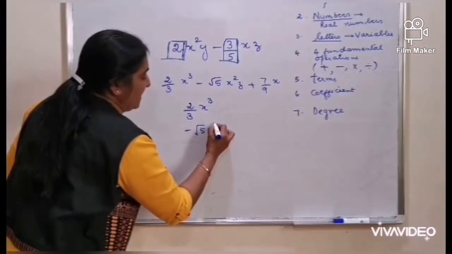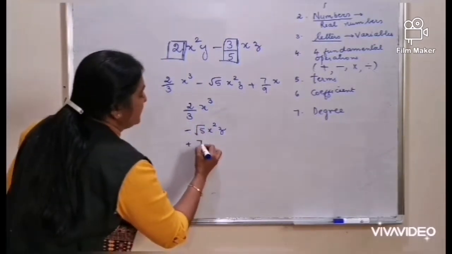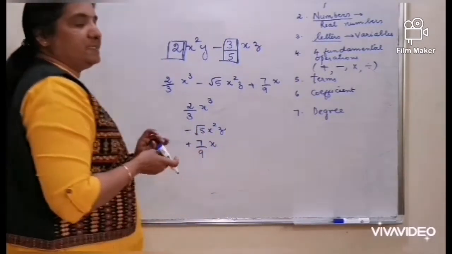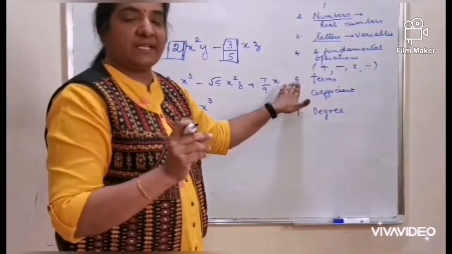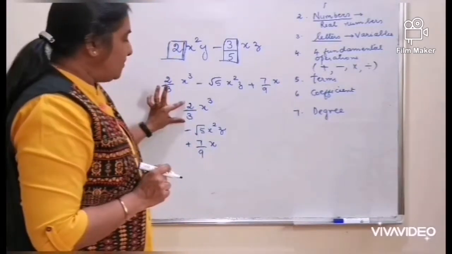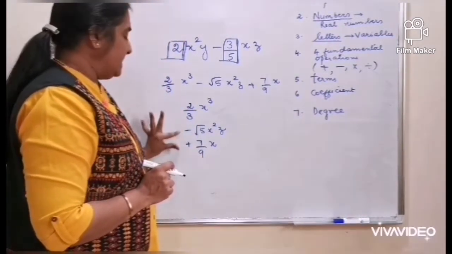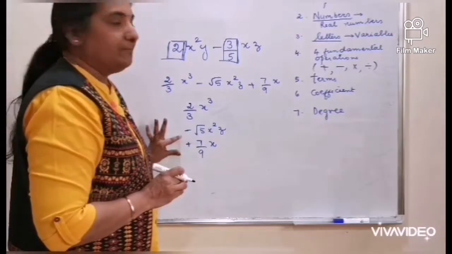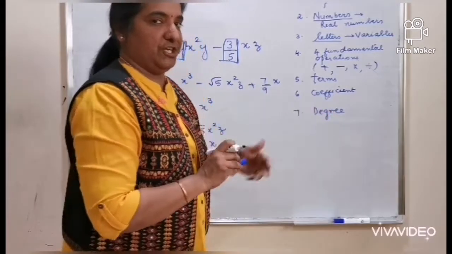Minus root 5 x squared z is the second term and plus 7 by 9 x is the third term. That means the terms of this algebraic expression are 2 by 3 x cubed, minus root 5 x squared z, and 7 by 9 x.